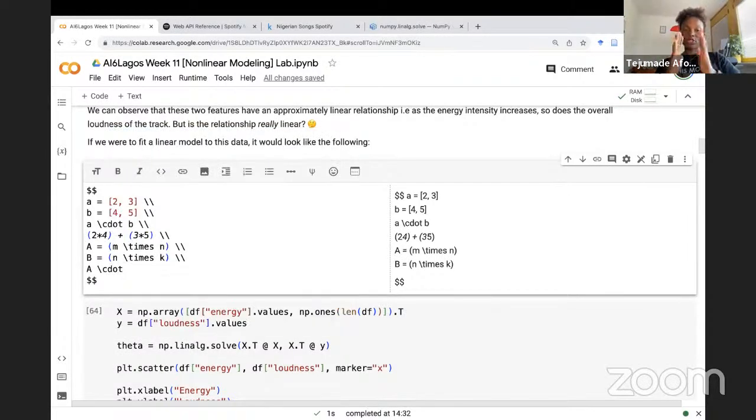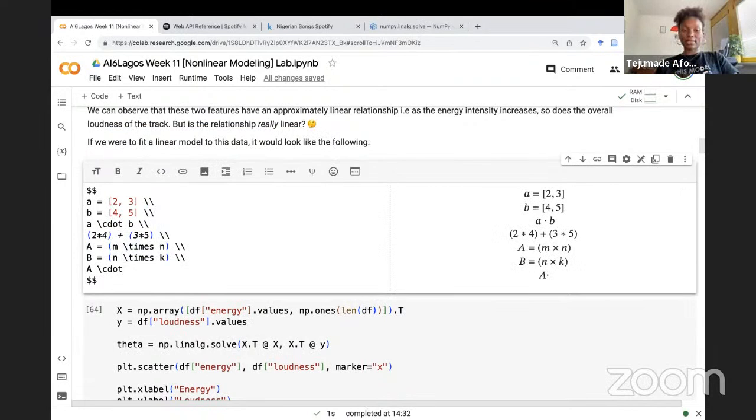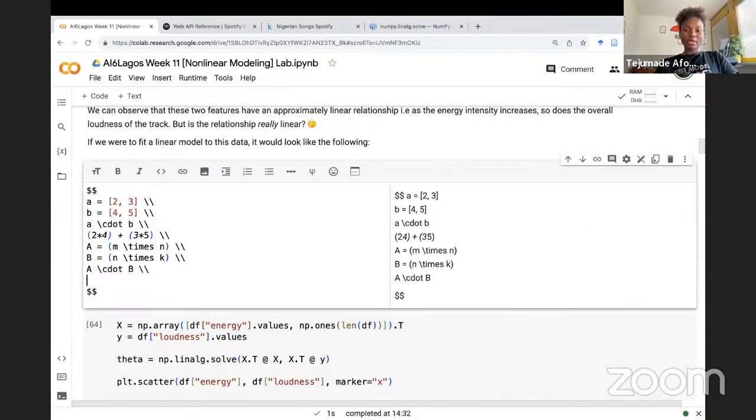What is the shape of that matrix? Thank you, Obi. You get M by K.